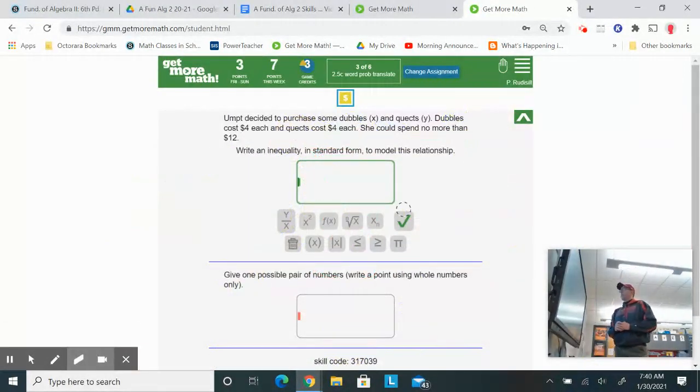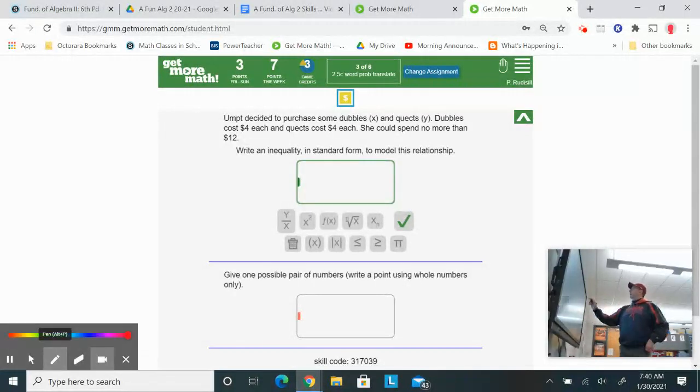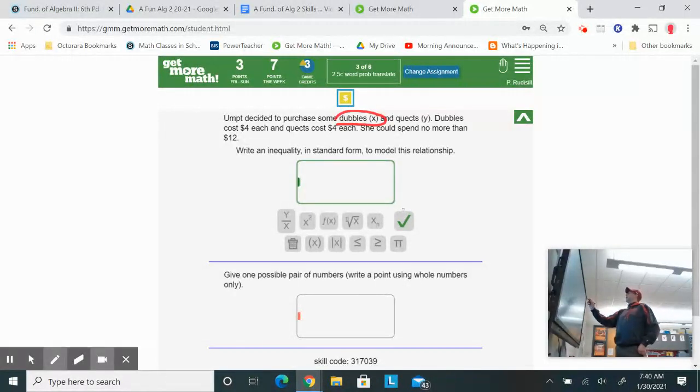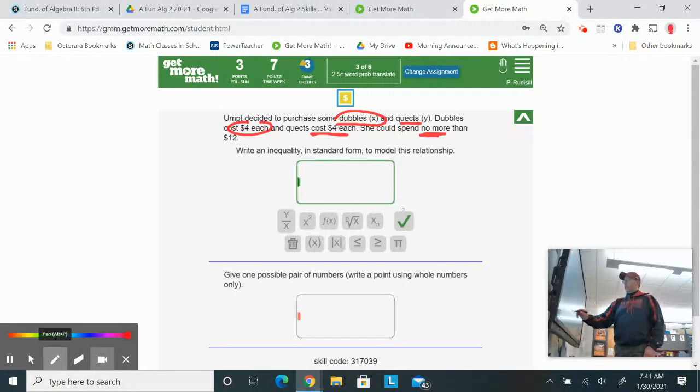Okay. Last one. Let's take a look at it. Decided to purchase some doubles, which are the x's, and quecks, which are the y's. Doubles I'm circling cost $4 each, and the quecks also cost $4 each. She could spend no more than $12, so not more than 12.